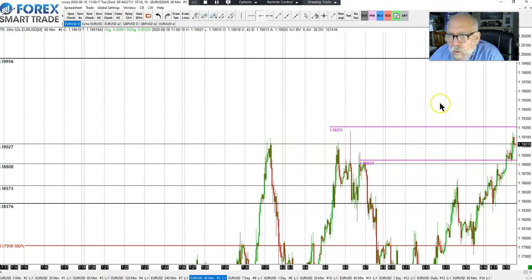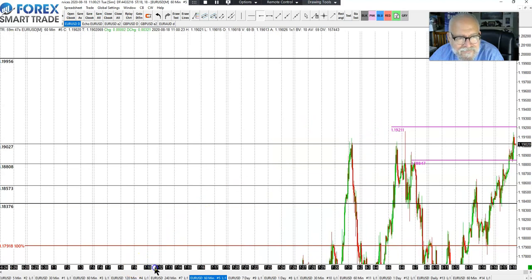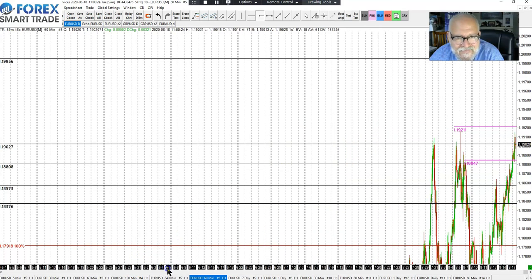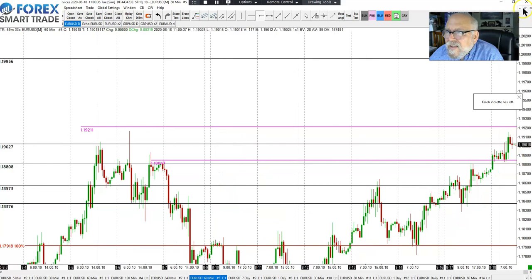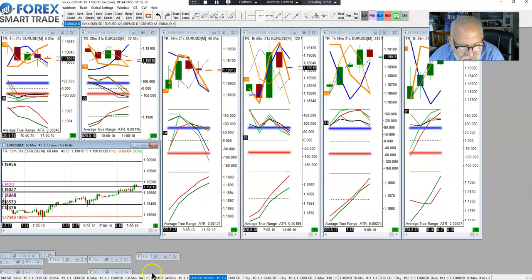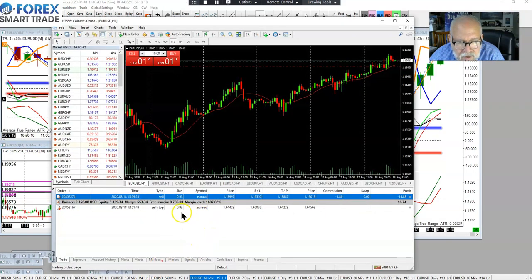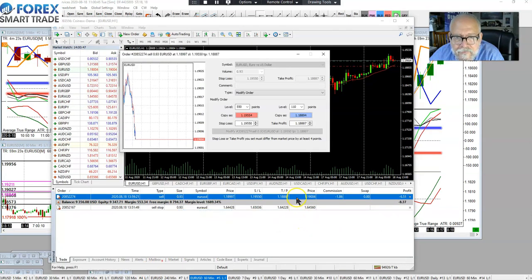We haven't traded up here in a while, at least 2 weeks. So this is 8 weeks. So 1921 for the stop here. So I'm going to change my stop to modify 1921.